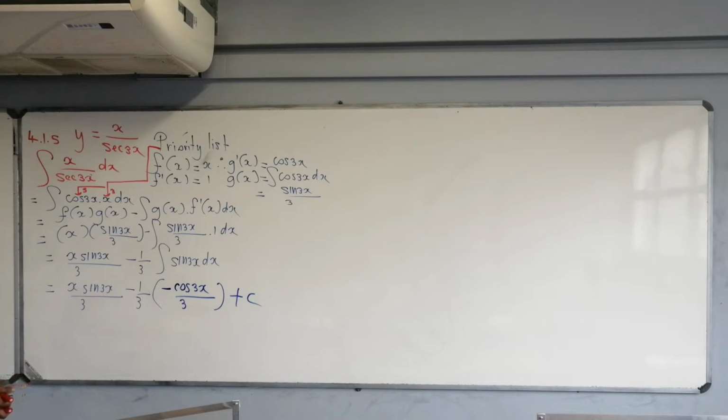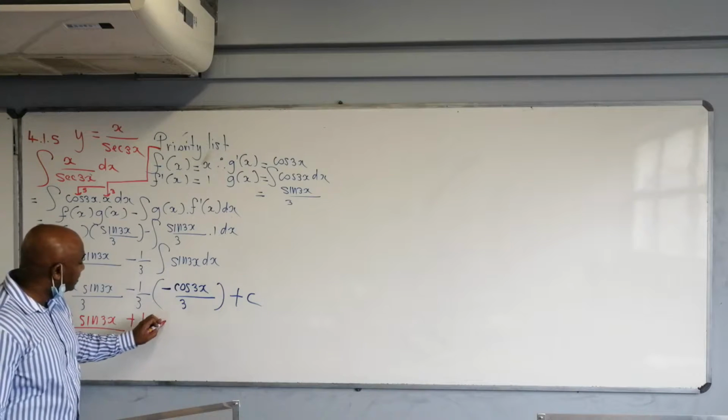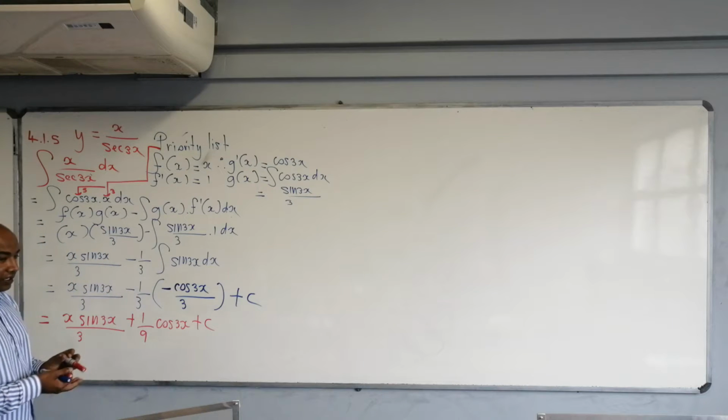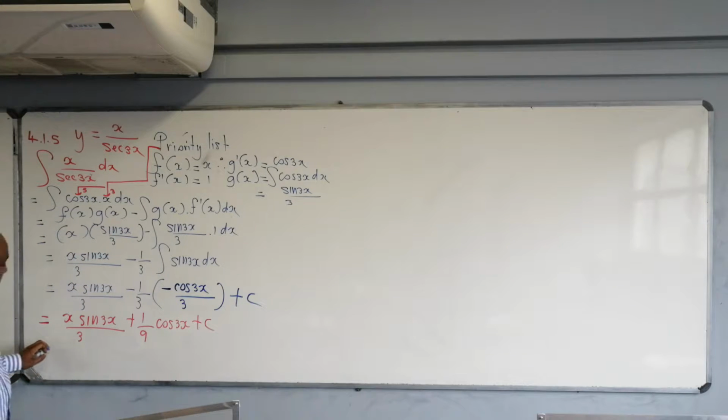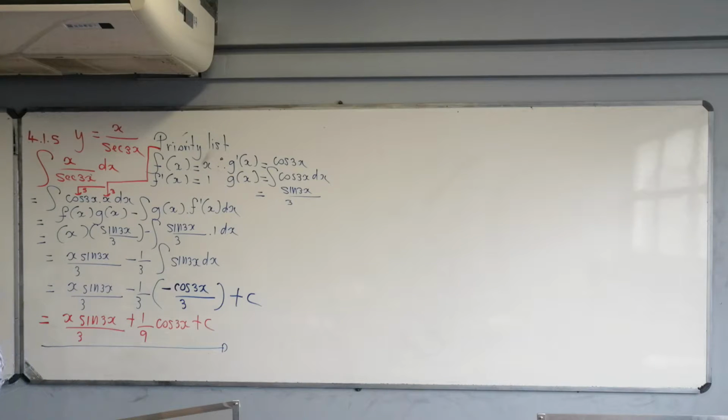You're done. So that will be x sine 3x over 3 plus 1 over 9 cos 3x plus c. You're done. So that was our integration by parts example.